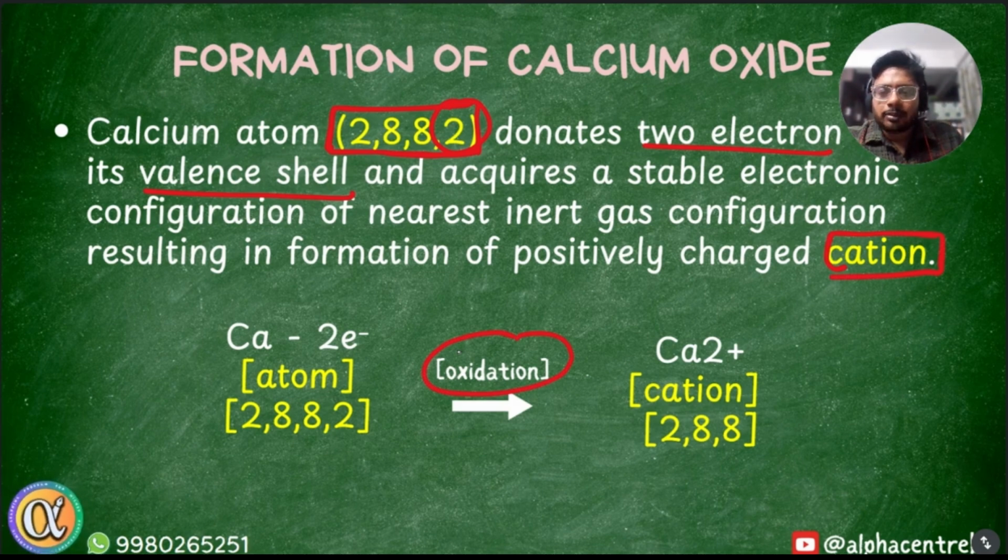But unlike sodium, calcium doesn't lose one electron. Calcium loses two electrons, so it gets a 2 plus charge. The electronic configuration of the cation formed is 2, 8, 8, because the 2 is lost. This process is known as oxidation, just like the oxidation of sodium.